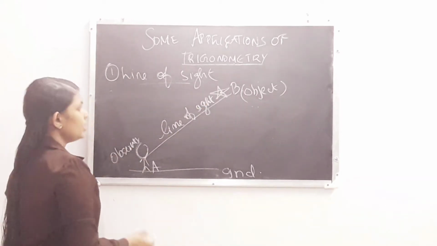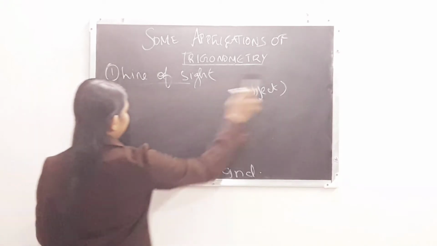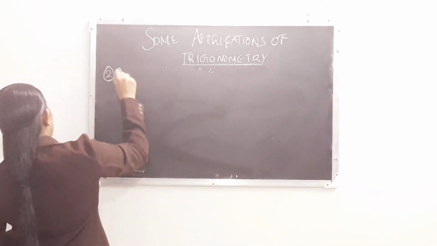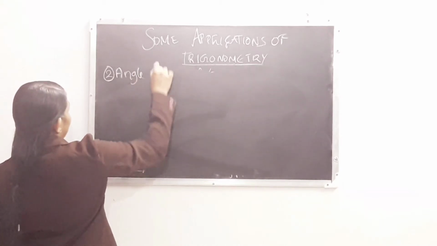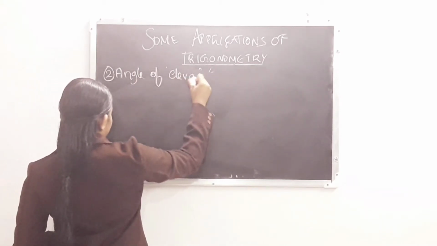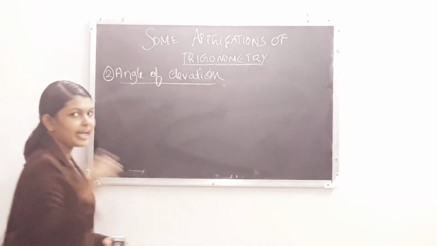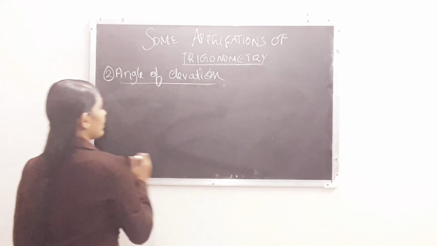Now we can discuss the second one, and it is angle of elevation. Now again consider a man standing on a ground.